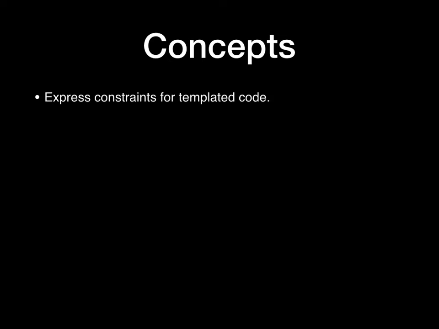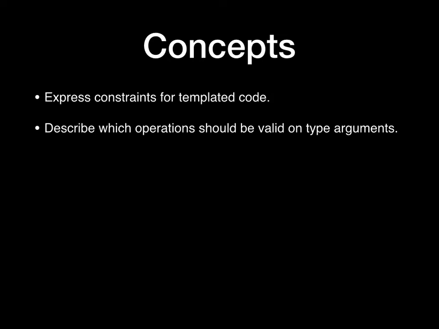It allows us to express constraints for templated code. It allows us to describe which operations should be valid depending on the type of our arguments. And it allows us to assert the types and the return types of those operations.